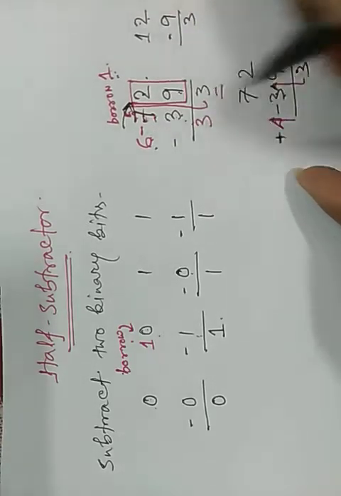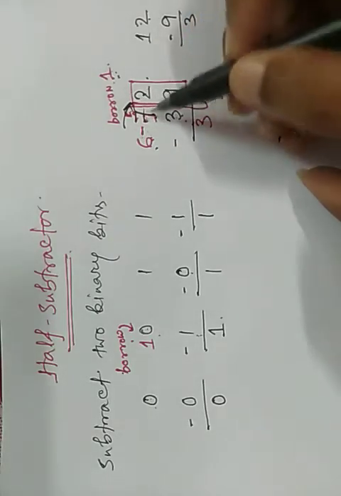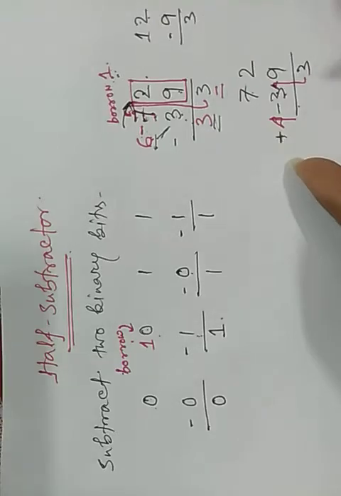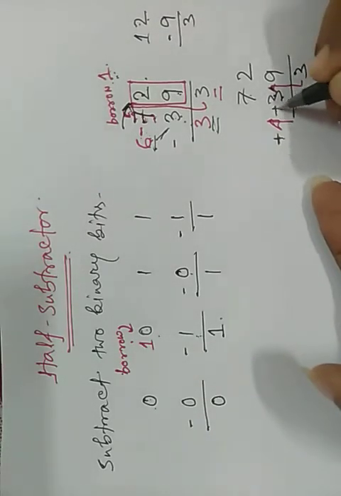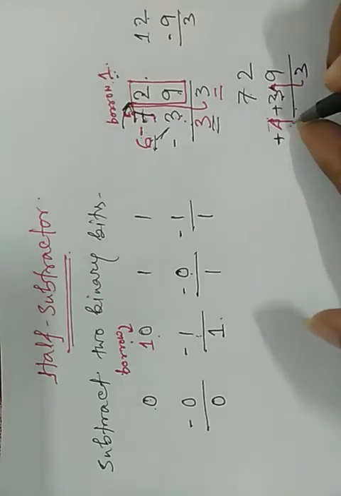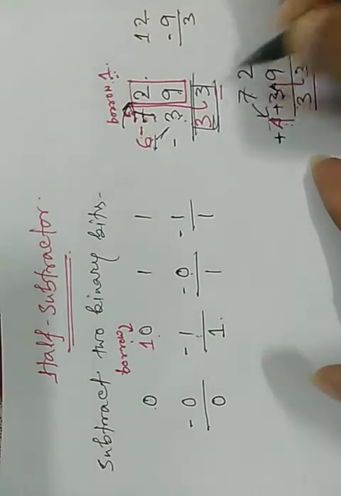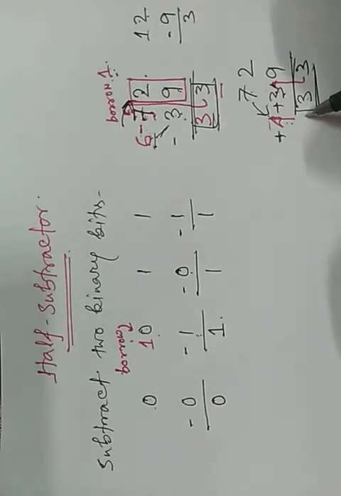Then we perform our next subtraction. If we subtract 1 from the upper digit, it becomes 6, and 6 minus 3 becomes 3. And if we add 1, that means 3 plus 1, it becomes 4, and 7 minus 4 is 3. So we get the same result. We can do any one process.